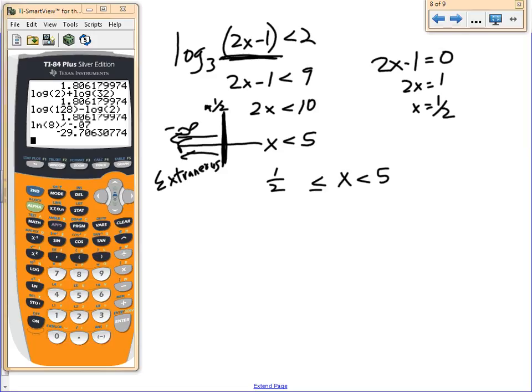Do I do 1/2 with a bracket or a parenthesis? Do I do 5? You have to take what's in parentheses right here and understand that thing has to be greater than or equal to 0.